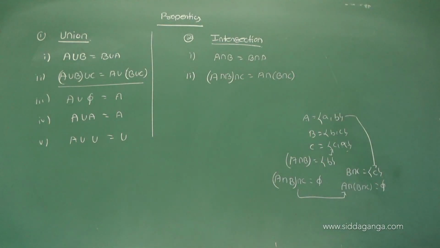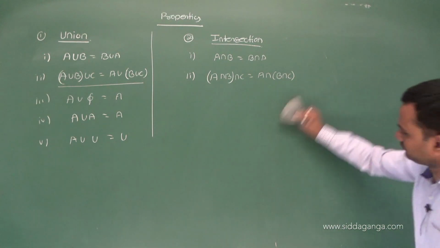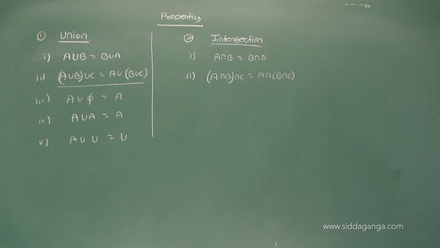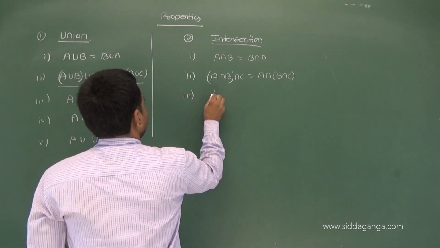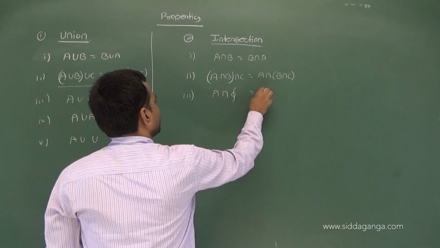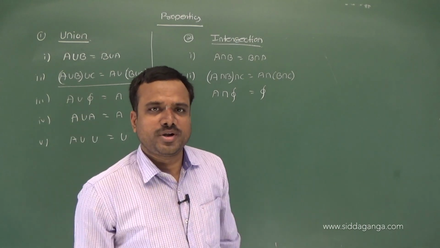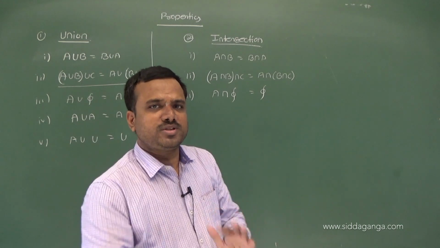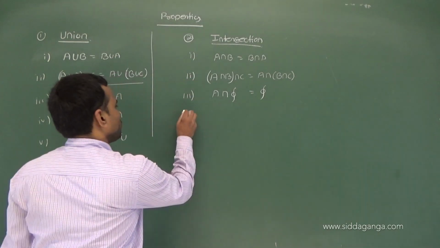Next property. Third property is A ∩ ∅. What is it? Always empty. Empty means no elements. A ∩ ∅ means no common elements, and no common element means empty set.